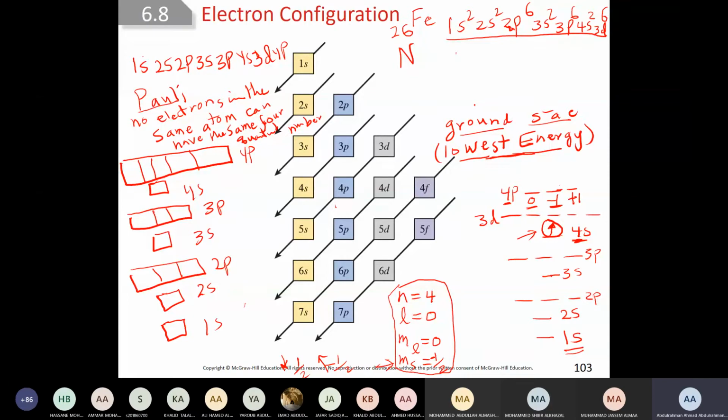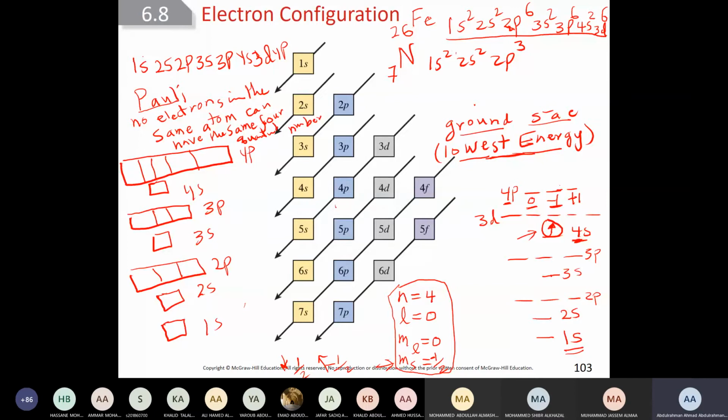What's the atomic number of nitrogen? 7, exactly. What's the structure? 1s2, 2s2, 2p3.